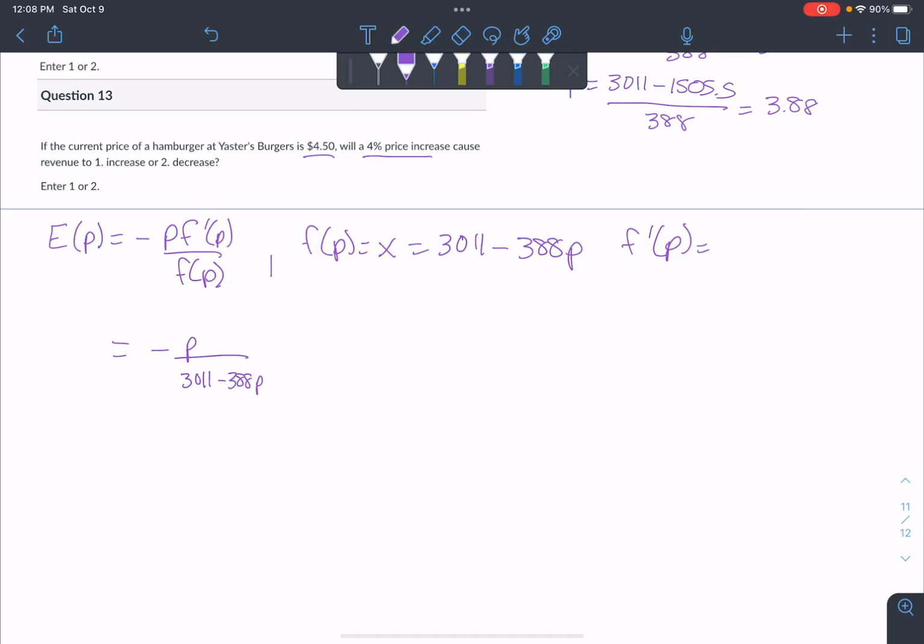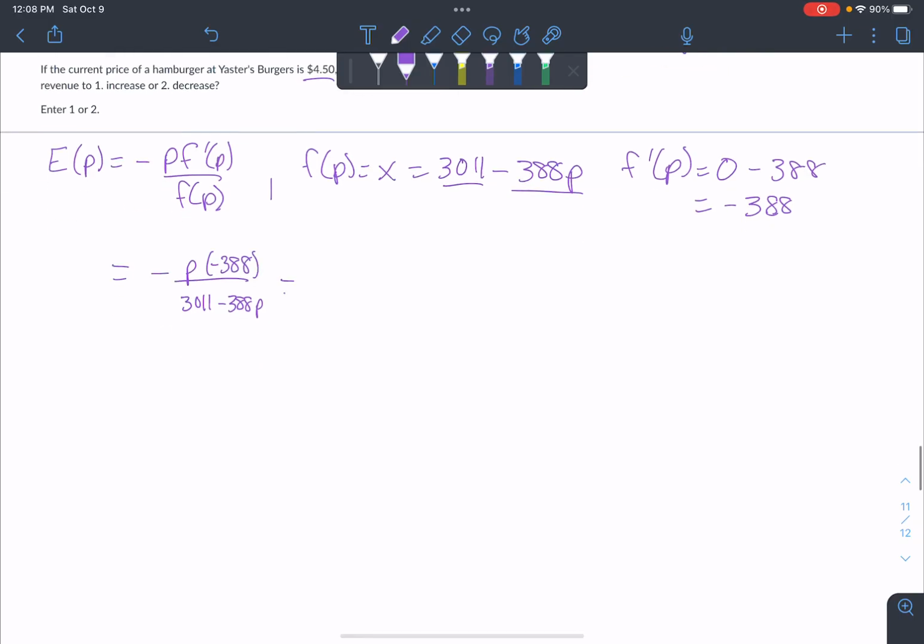The derivative of 3011 is just 0, and the derivative of negative 388p is negative 388. So our derivative is negative 388. And this can be simplified as those negatives will become a positive when multiplied. So I get 388p over 3011 minus 388p.